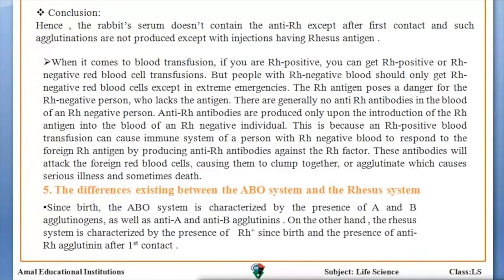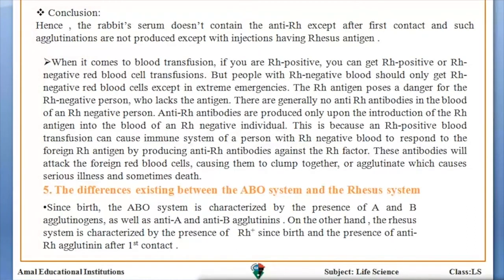There are generally no anti-Rh antibodies in the blood of an Rh negative person. The anti-Rh antibody will be produced only upon the introduction of the Rh antigen into the blood of an Rh negative individual.